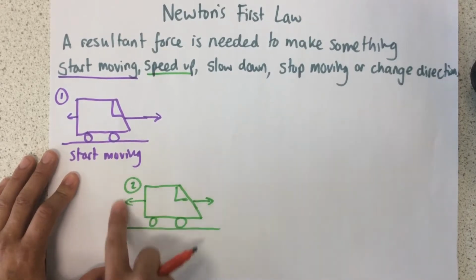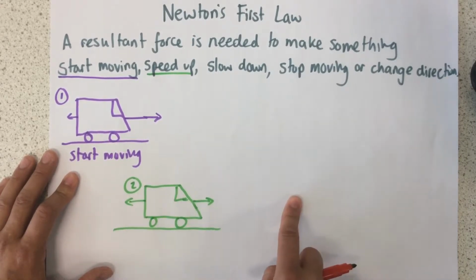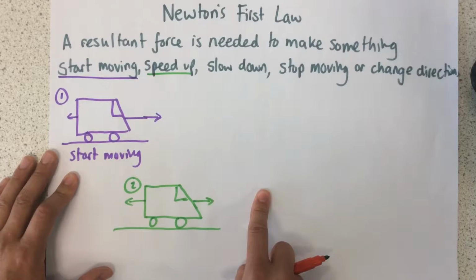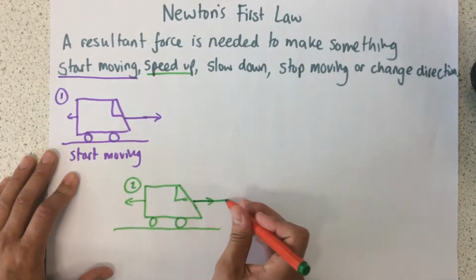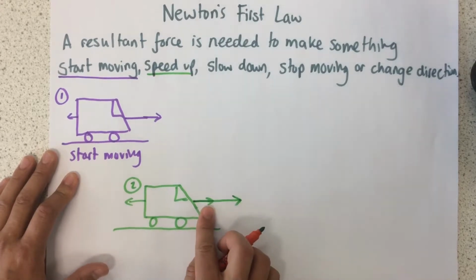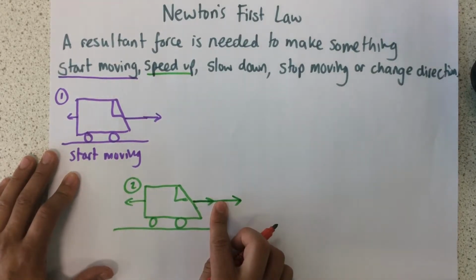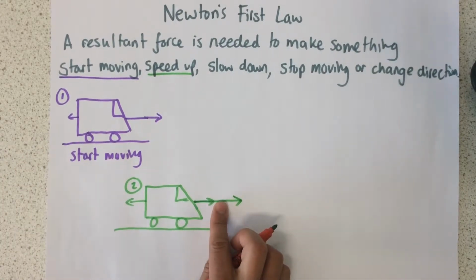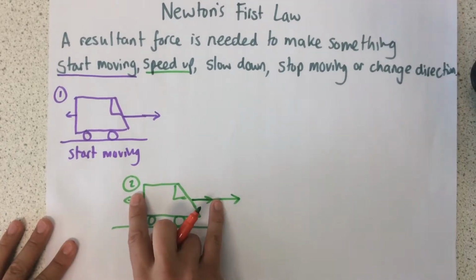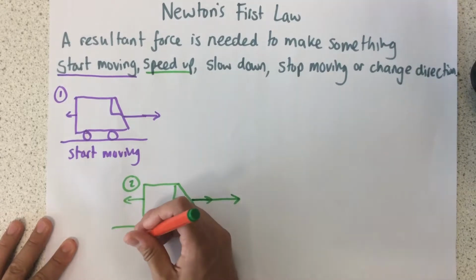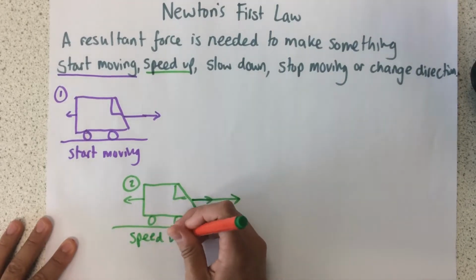When the forces are balanced, it's going to carry on travelling with the same velocity. Now, if I want to speed up, this person's going to put their foot on the accelerator, and it would cause the force to become unbalanced. This will create a non-zero resultant force. That means a resultant force which has a value. As a result, this car will speed up.